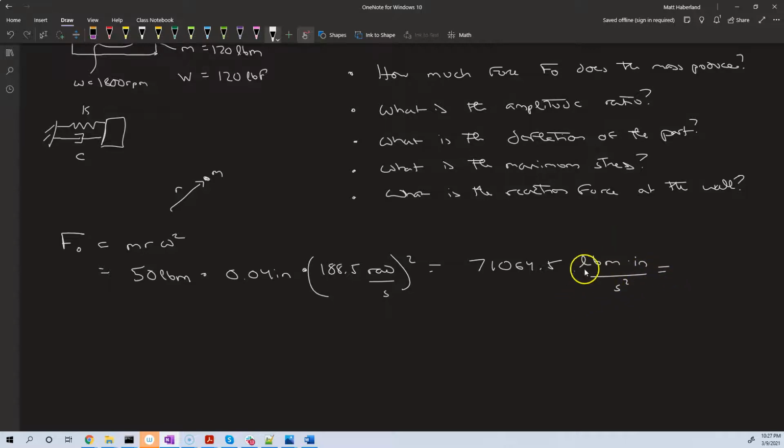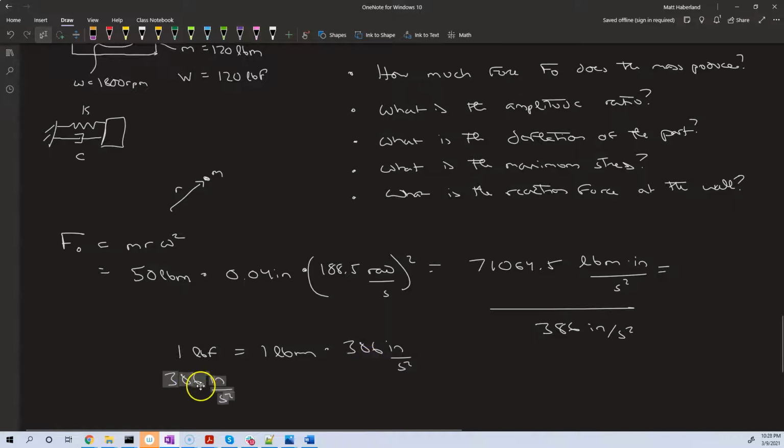But if we take that and we divide that by gravity, we can get it in units of pounds force. So we divide that by 386 inches per second squared. We know that because 1 pound mass is equal to 1 pound force divided by 386 inches per second squared.